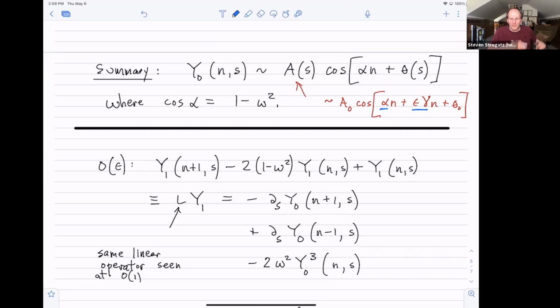It's not order epsilon times a secular term. It's just a bounded thing of order epsilon on the time scale up to order 1 over epsilon, and at much longer times, order 1 over epsilon squared, it'll start messing up. So anyway, good. Other questions?